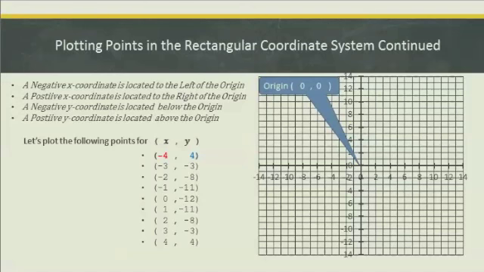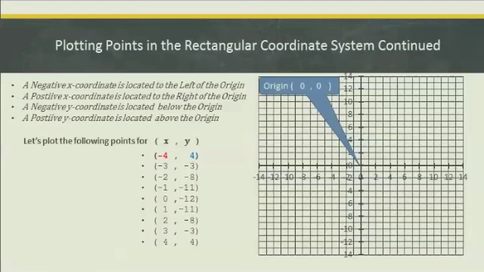Alright, so with that understanding, let's plot the following points for x and y. You'll notice below I have provided a list of x, y ordered pairs. When we go to plot these points, we're always going to start with the x-coordinate and then the y-coordinate. So in our graph here, we're going to plot this first point, negative 4x and positive 4y.